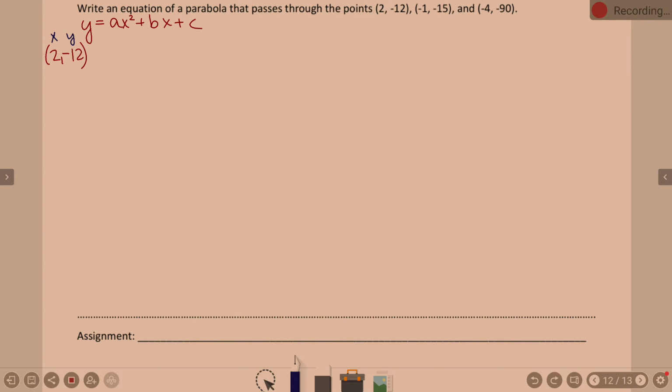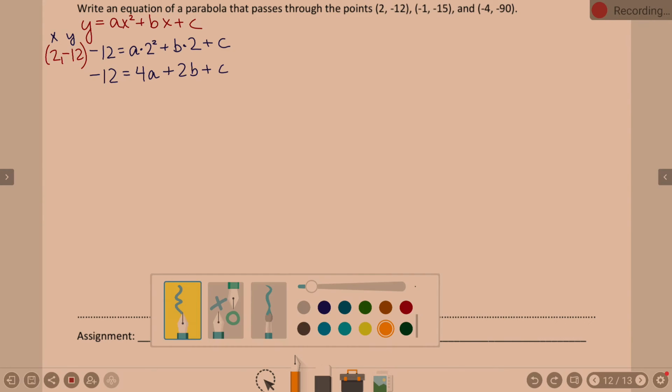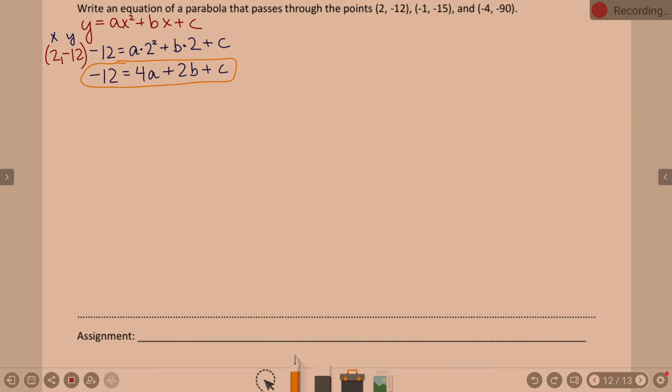So negative 12 equals a times 2 squared plus b times 2 plus c. So negative 12 equals 4a plus 2b plus c. That's one of my equations.